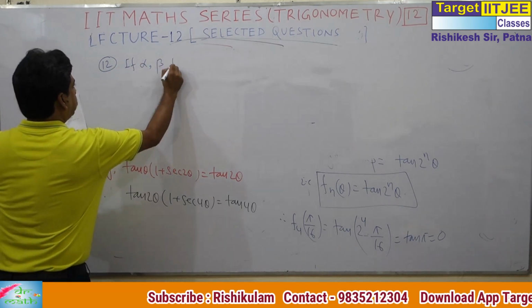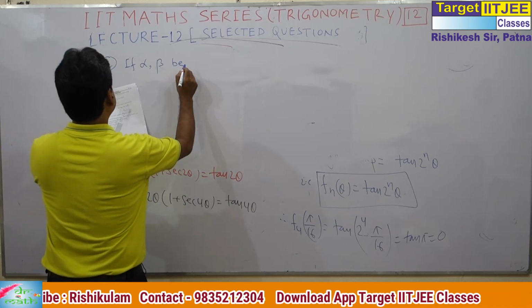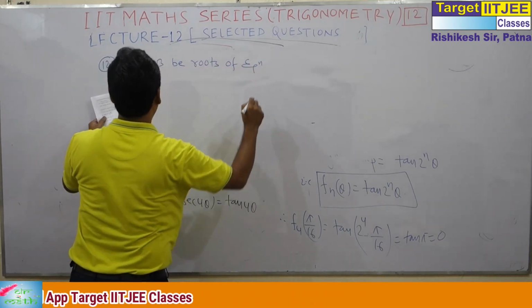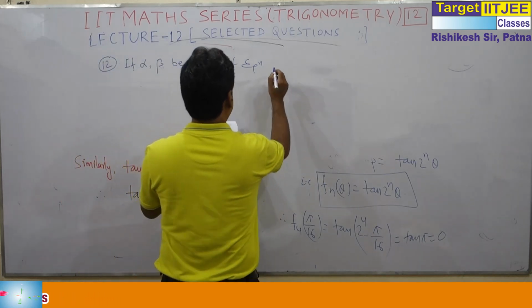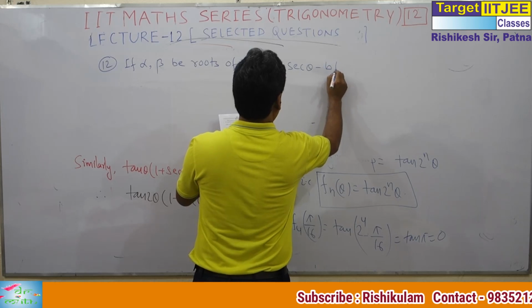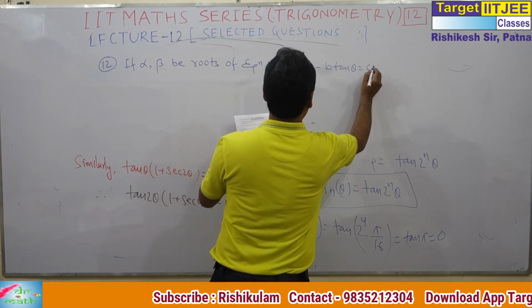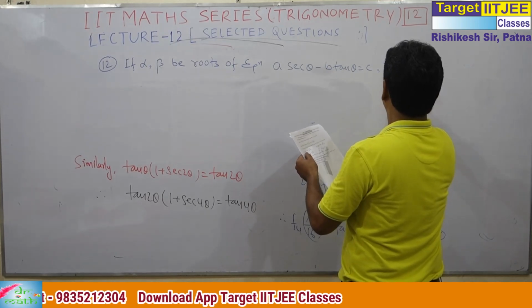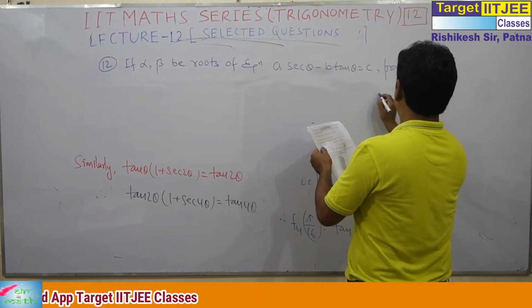If alpha, beta be roots of the equation a sec theta minus b tan theta is equal to c, prove that there are 3 points.